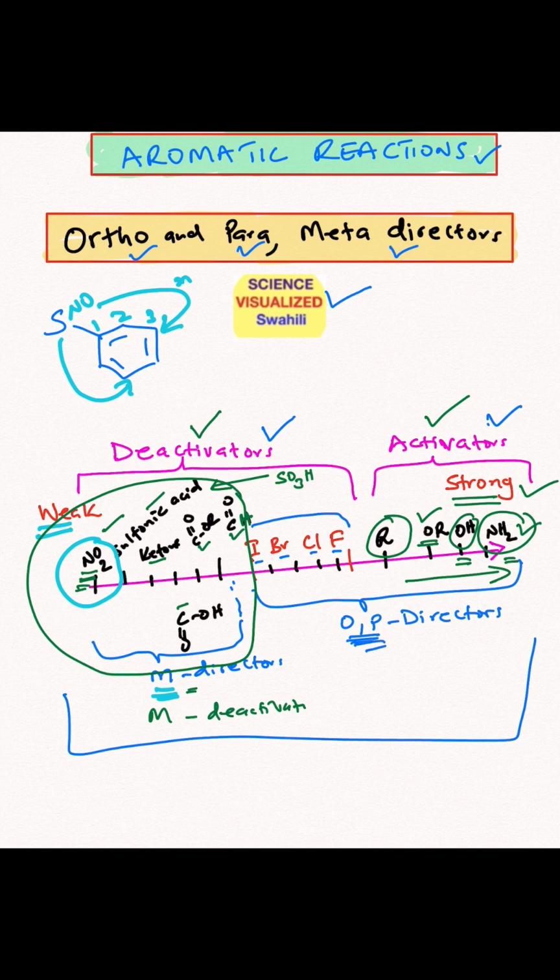So that means if you have a ring activator, I'll just use A here instead of S, then that will favor addition to the ortho position, and there are two ortho positions, and also to the para position. Remember, the 1,4 relationship is going to be para. So the halogens favor ortho-para addition, but at the same time they're ring deactivators. So they're generally weaker than the other ring activators.